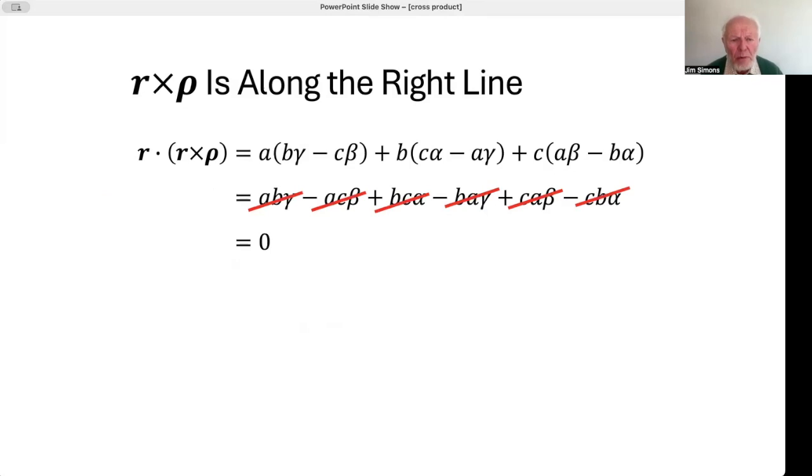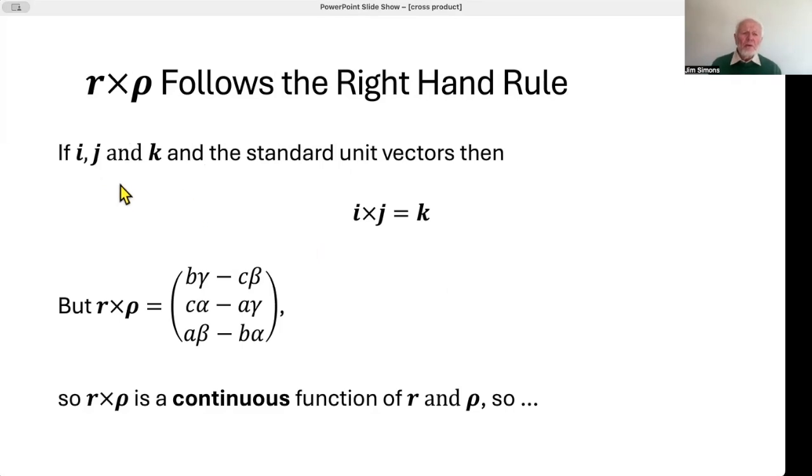Right. So now we want to prove that it's the right-hand rule, not the left-hand rule. This is a little bit trickier. So again, we start with i, j, and k as being the standard unit vectors in the standard arrangement, and then i times j is indeed k, because look here. i is just 1, 0, 0, and j is 0, 1, 0. So the only non-zero bits are a and beta.